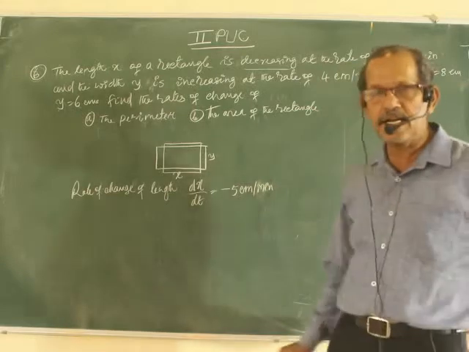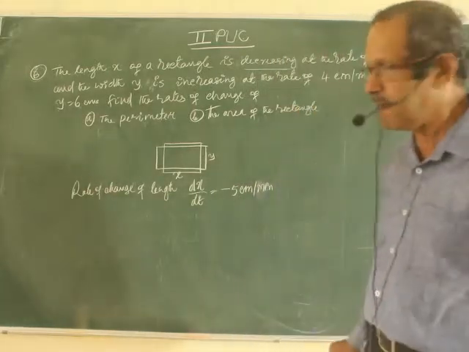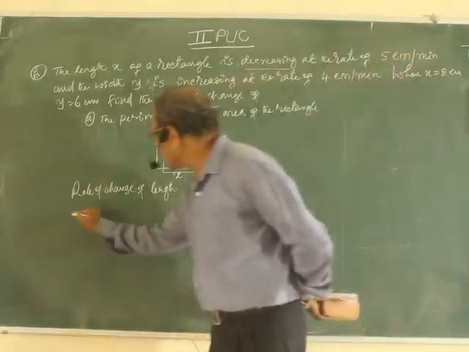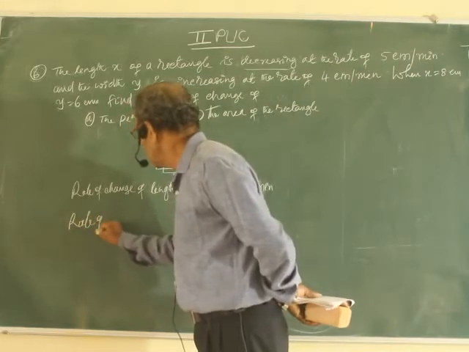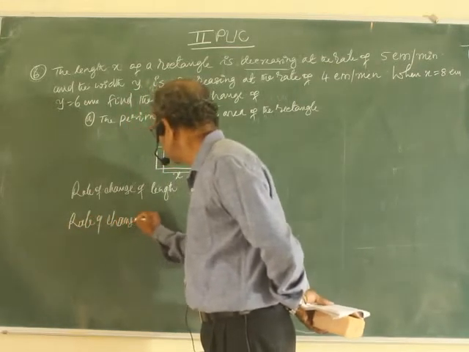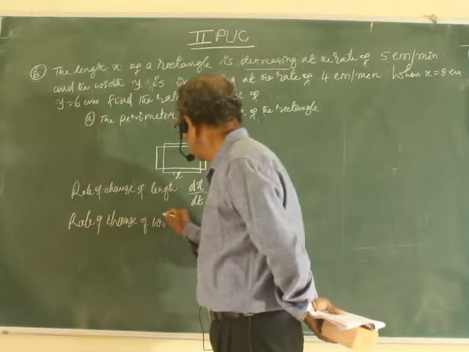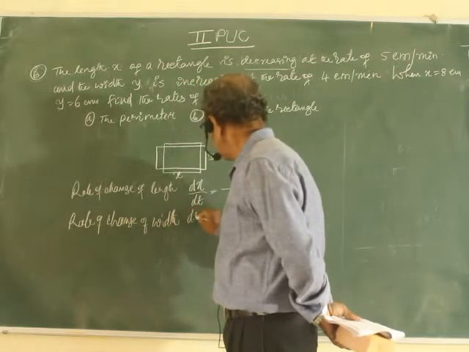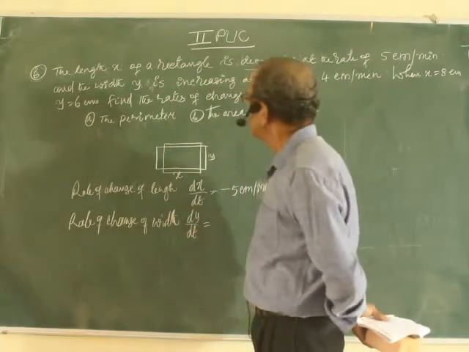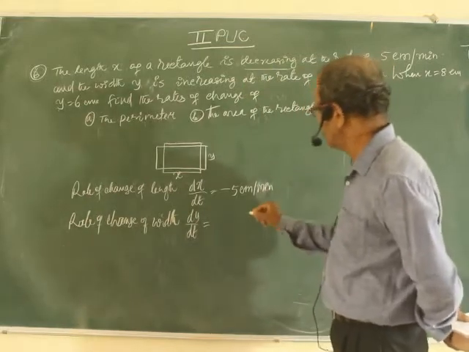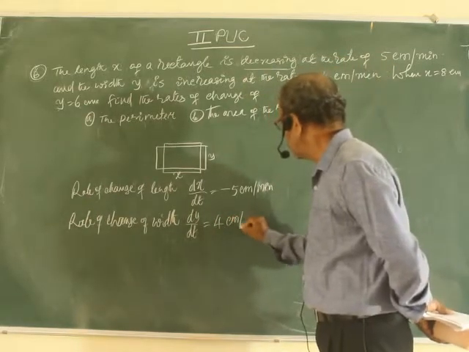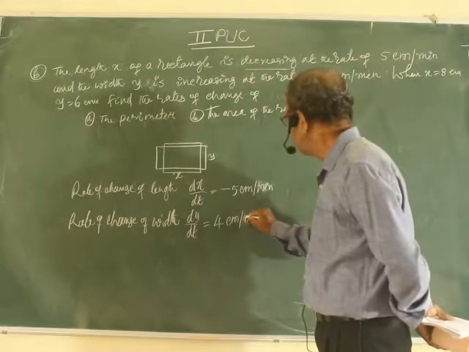So decreasing, immediately you take it as minus. Rate of change of width, dy by dt, is increasing. So it is 4 centimeter per minute.